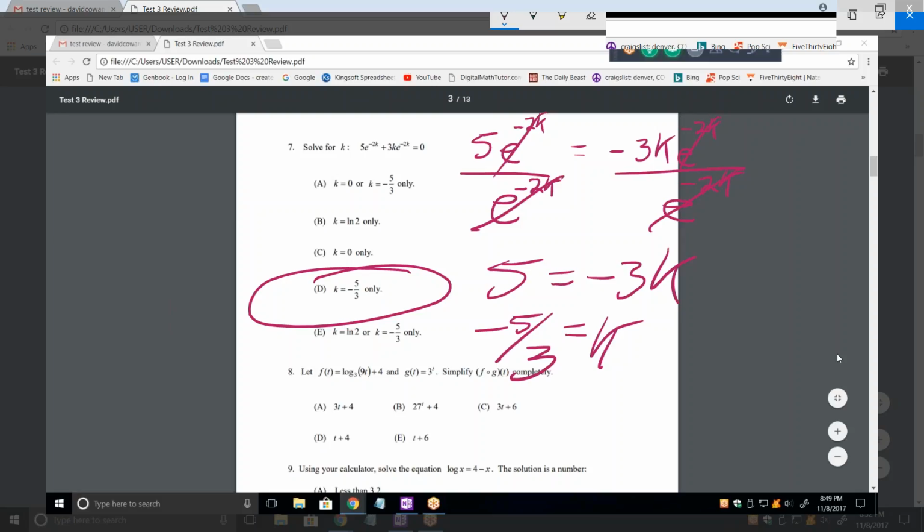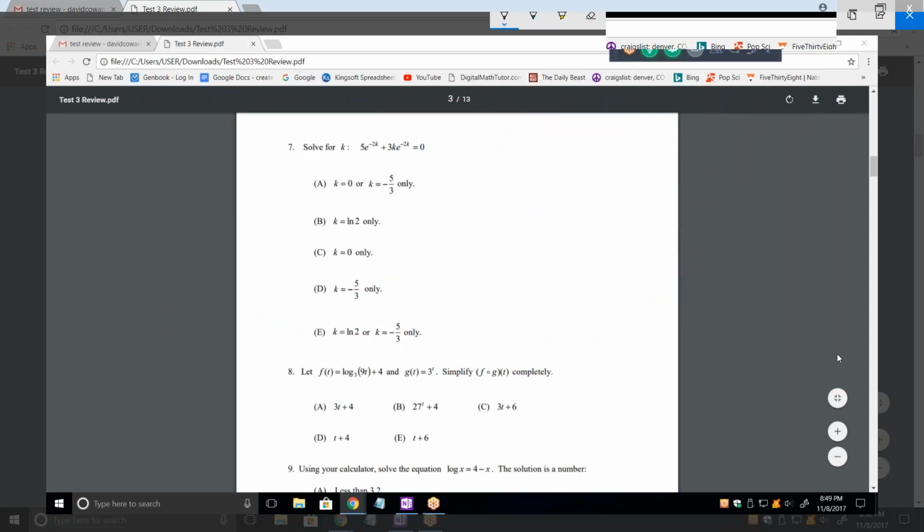There is no k that makes that entity 0. e is a number, 2.71. If I take a number to an exponent, positive or negative, it's never 0. So in this case, I was safe doing it that way. Let me show you the way I really should have done it. I should have started with that and factored out an e to the minus 2k, instead of moving it to the other side.